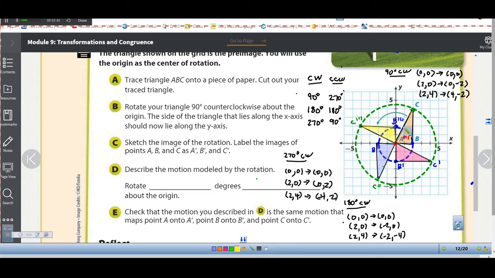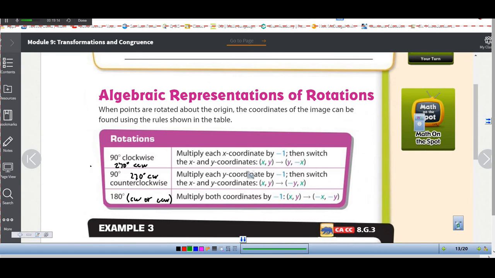So again, you are welcome to do these by doing the actual rotation like we did, or if you want to learn those textbook rules, then you could just use these algebraic representations and you can get the same result.